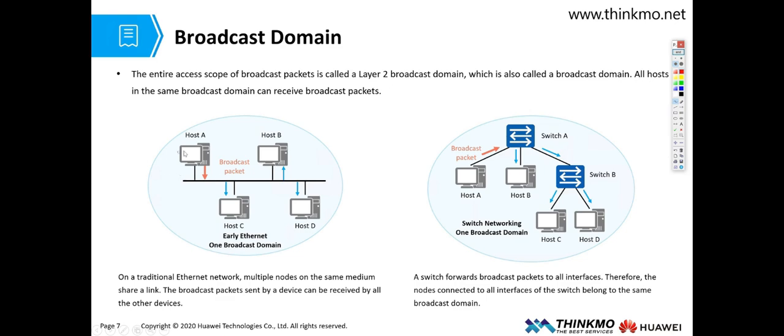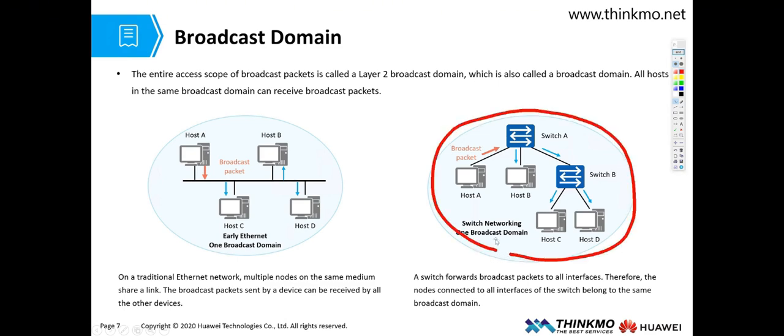In our early Ethernet environment, if multiple devices are connected to the same medium, meaning they are connected to the same device, such as a hub, they share a single link, and the broadcast packet sent by a device can be received by all other devices. Besides this, in the current network, a switch will also forward the broadcast packet to all its remaining interfaces. Therefore, all interfaces connected to the switch actually belong to a single broadcast domain, meaning they are all within the same broadcast domain. And this is the extent of my propagation range.